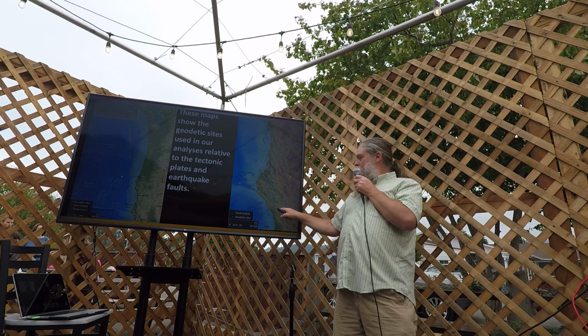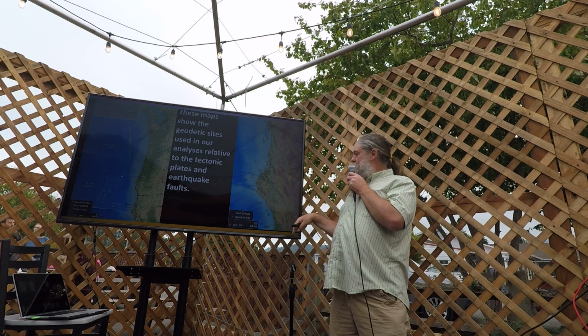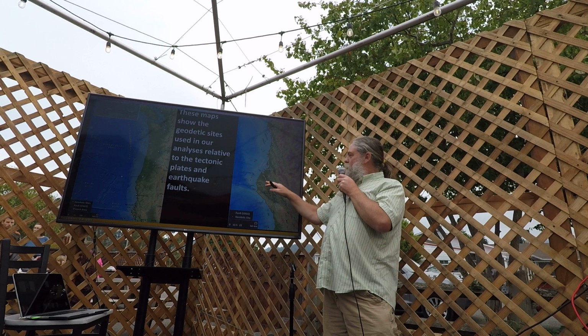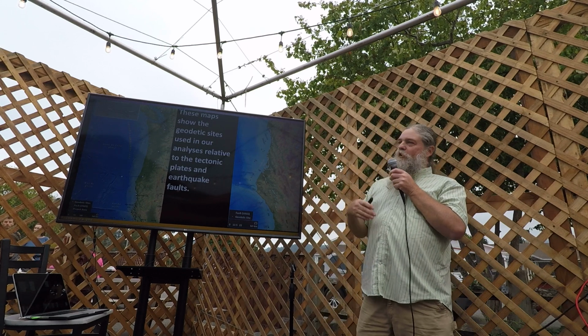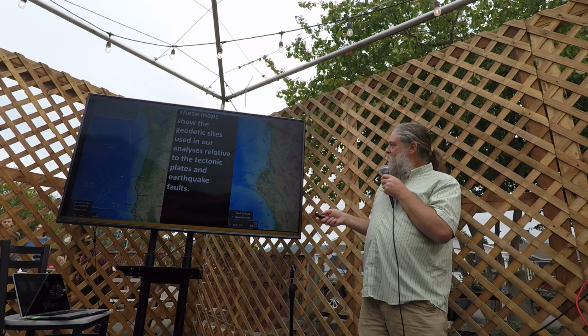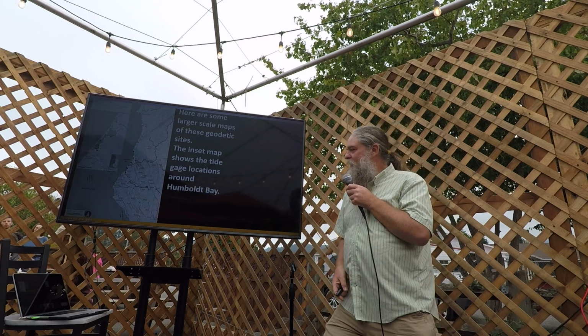This map shows white circles where we have geodetic data, and I also put these black lines in here, and these are all of the Quaternary active faults, so faults that have been active in the last 2.56 million years, just to show where our observations are.